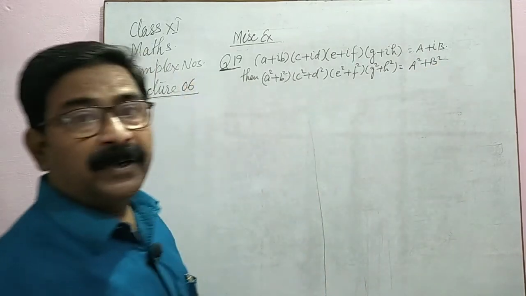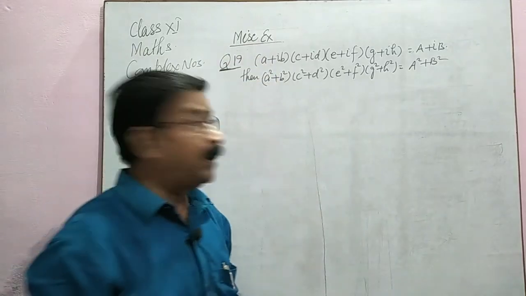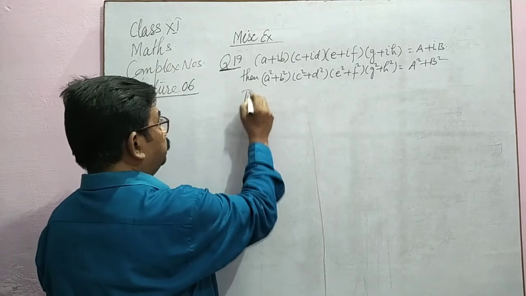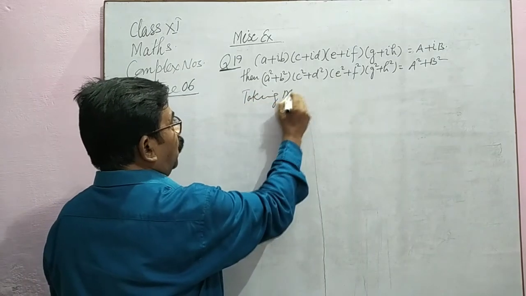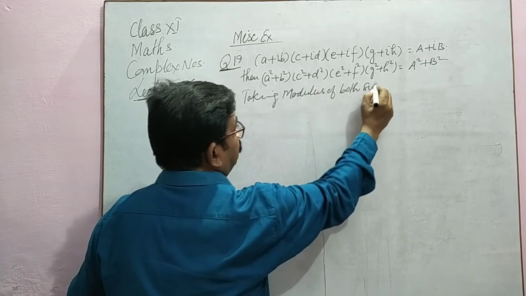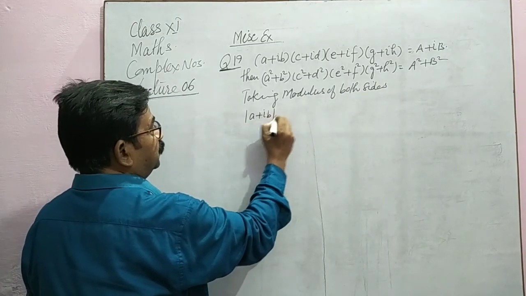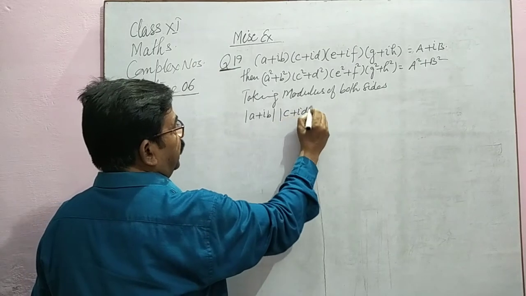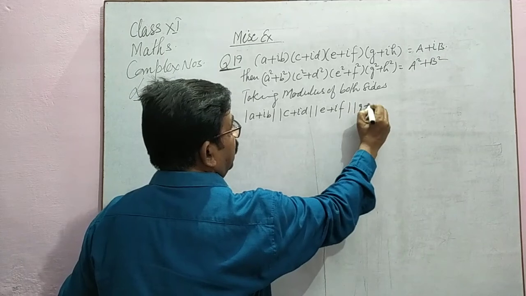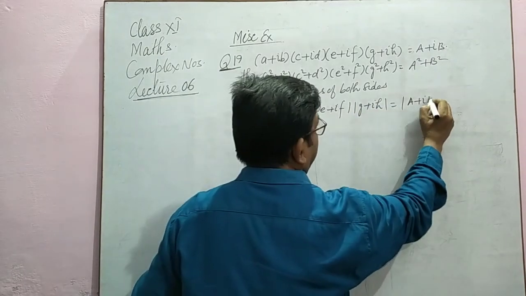Many times we have seen that whenever we have the square of the real part and the imaginary part, we simply get the modulus. So taking the modulus of both sides, we have mod of a plus ib into mod of c plus id into mod of e plus if into mod of g plus ih is equal to mod of A plus iB.